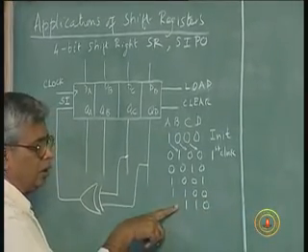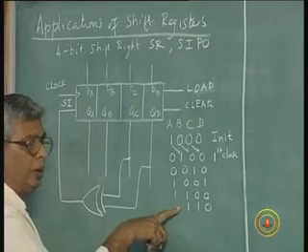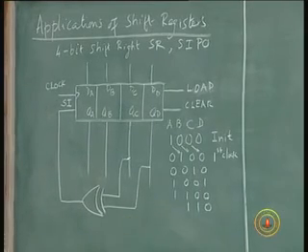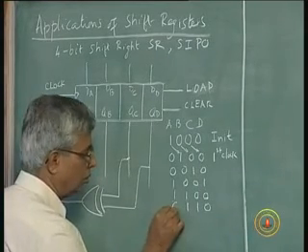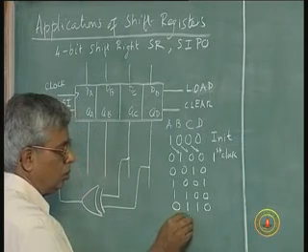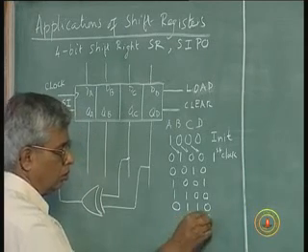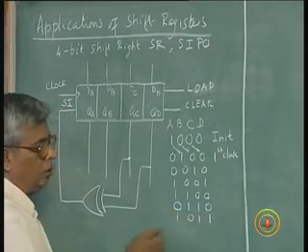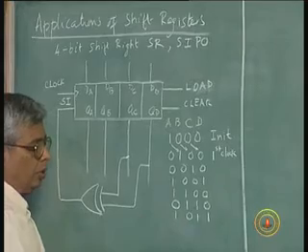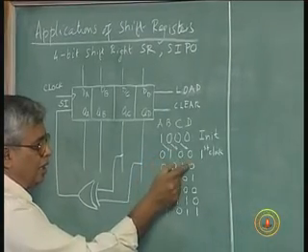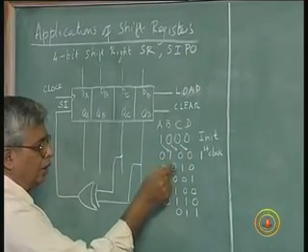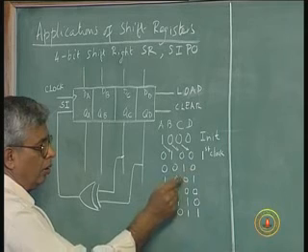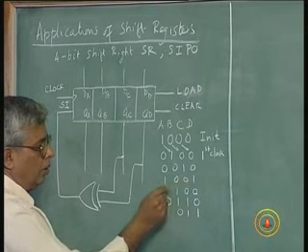What will be the new bit? 0. 1. Exclusive OR these two. All you have to do is to shift these three bits here and get the exclusive OR of this here. Right?